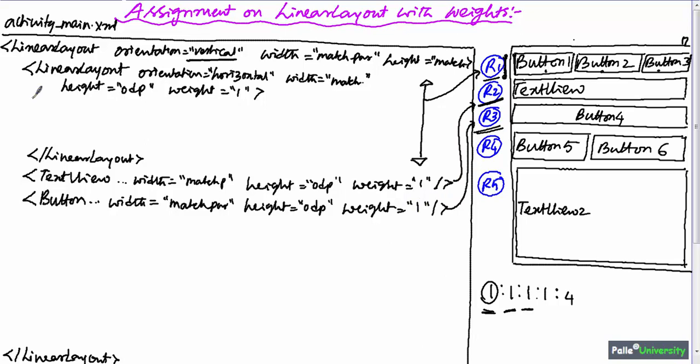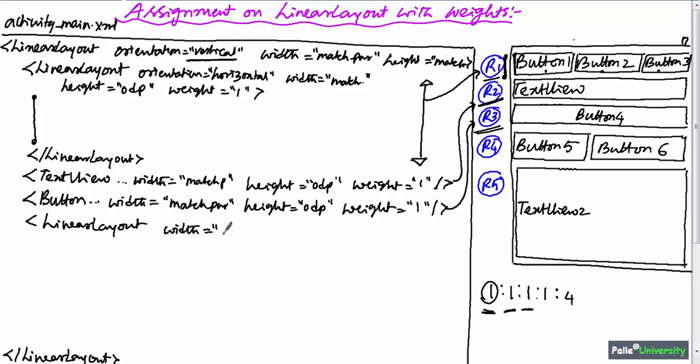As of now, I have not filled any code within this linear layout. Once I fill the code for all rows, then I will come back to the first row and fill 3 buttons here. Now the fourth row. If you observe the fourth row, is it a single element or multiple elements? It is multiple elements, so we should take one more linear layout. Since button 5 and button 6 are laid out in a horizontal fashion, we should take a horizontal linear layout. I don't have to specify orientation, because the default orientation is horizontal.